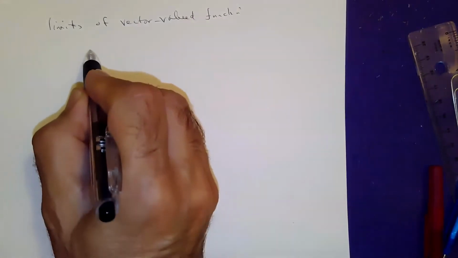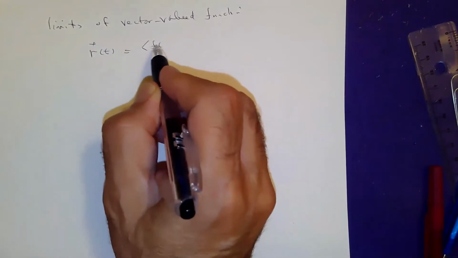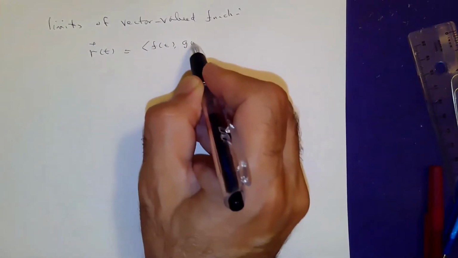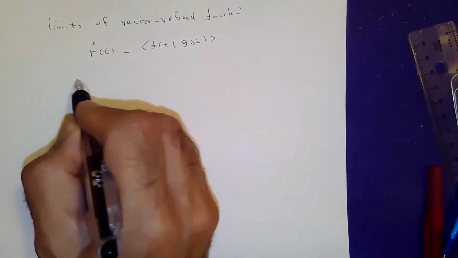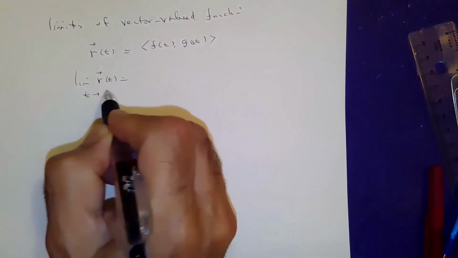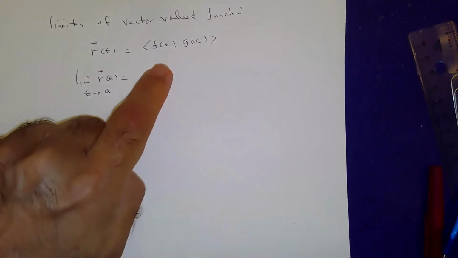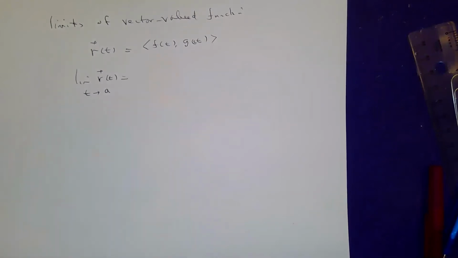In other words, what if someone says, here's a vector valued function, let's say in 2-dimension, could you please take the limit of r of t when t approaches a constant? How would I do that? How would you take a limit of a vector? Okay, any guesses?